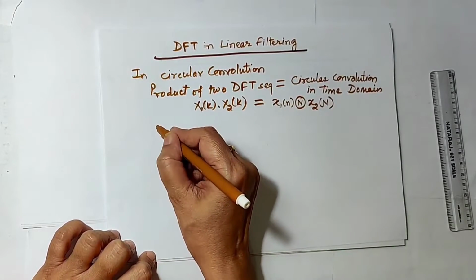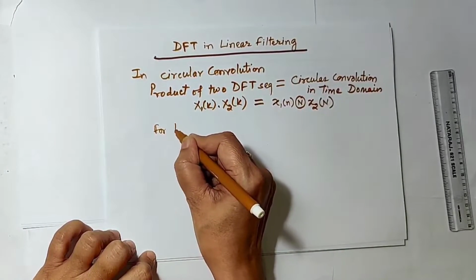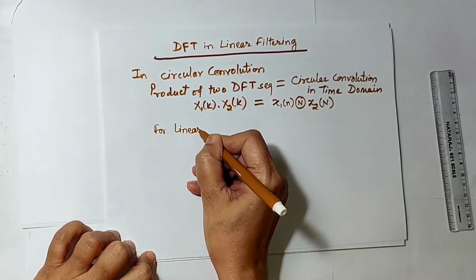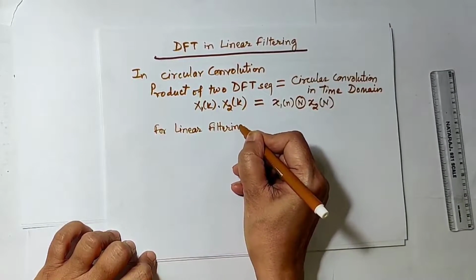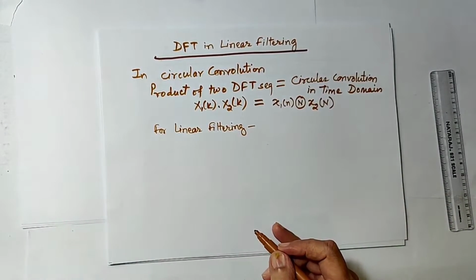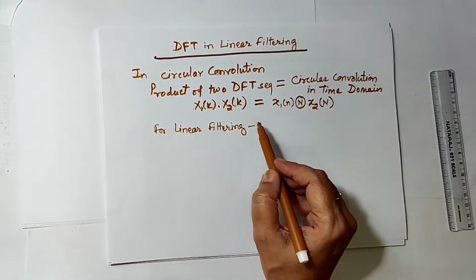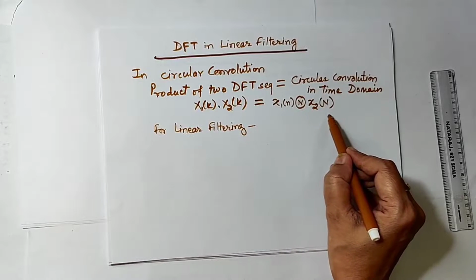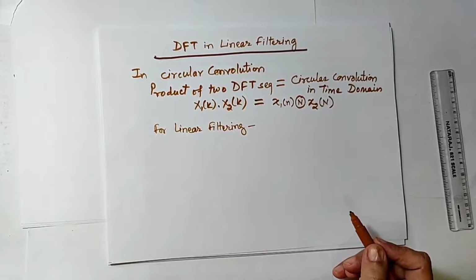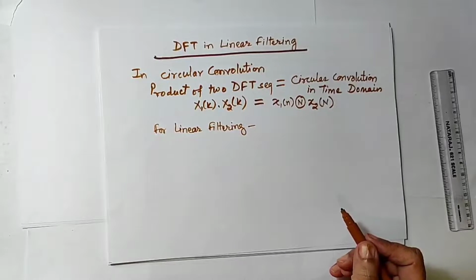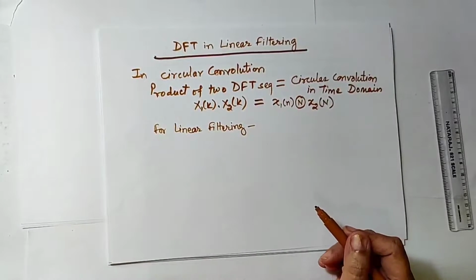But for linear filtering, there is no use of this circular convolution, although circular convolution for the DFT is a very, very important property.